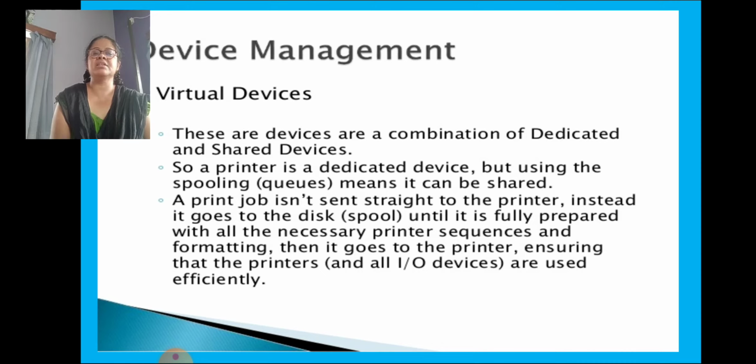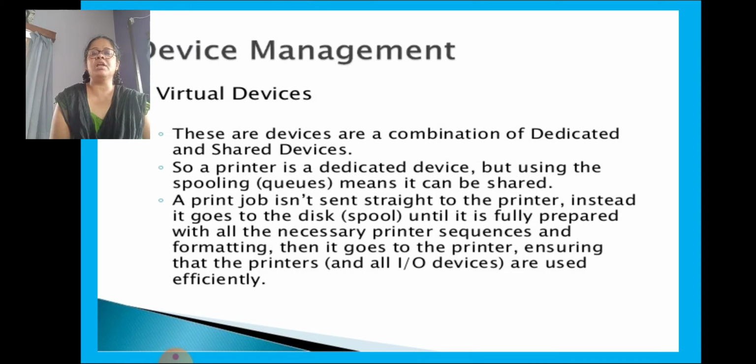Virtual devices are a combination of dedicated and shared devices. A printer is a dedicated device, but using spooling means it can be shared. A print job isn't sent straight to the printer. Instead, it goes to the disk unit.